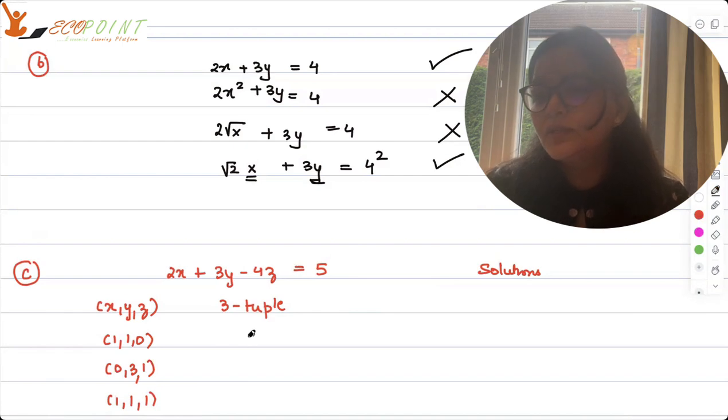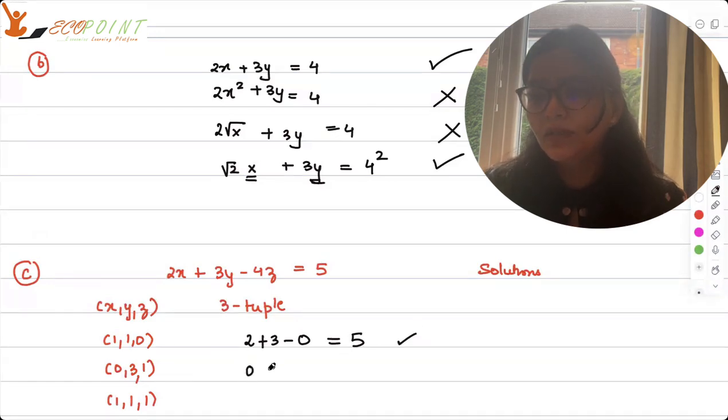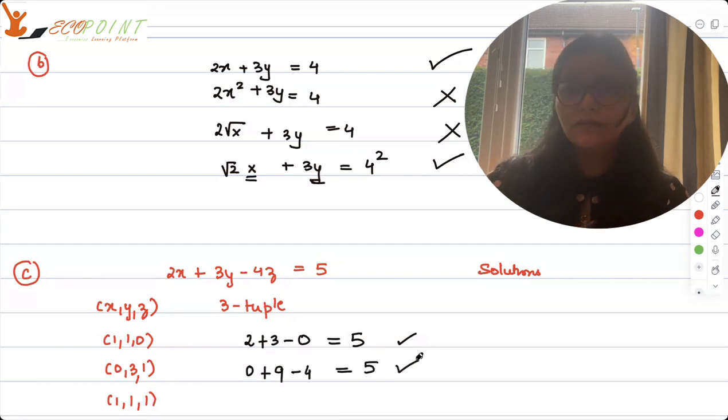With 1, 1, 0, what's going to happen is you will get 2 plus 3 minus 0, which indeed is 5. So this is a solution. With 0, 3, 1, you get 0 here, 9 here, and 4 here. So 9 minus 4 indeed is 5, which is the same as the right-hand side.